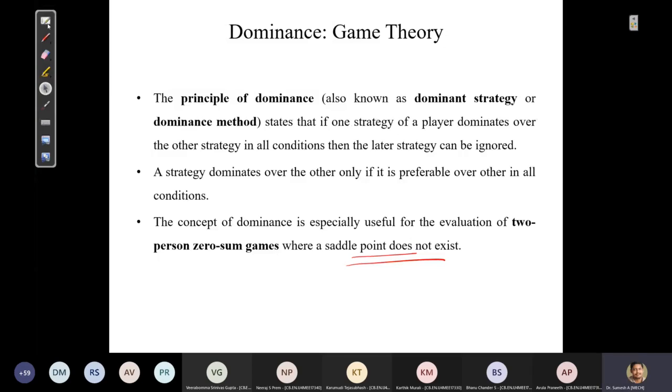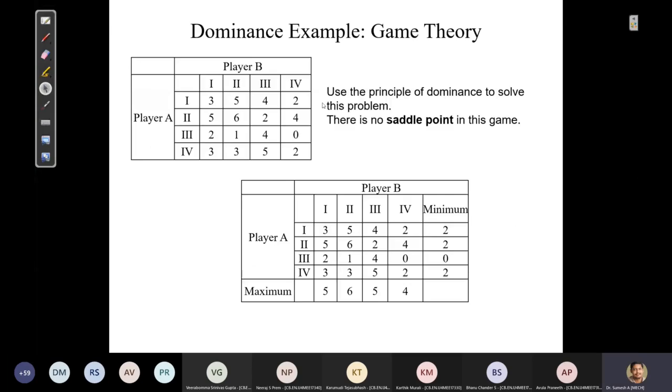We are talking about the strategy which is best for player A. With respect to player A I am calculating, not with respect to player B. That is why I am selecting it like that.